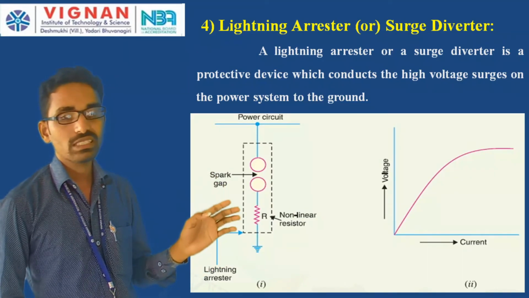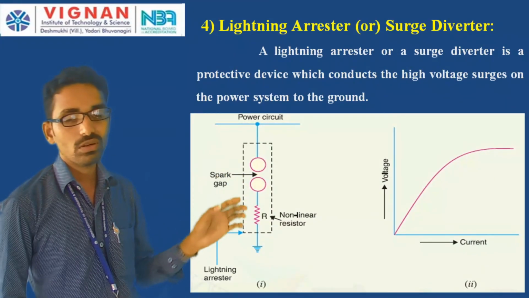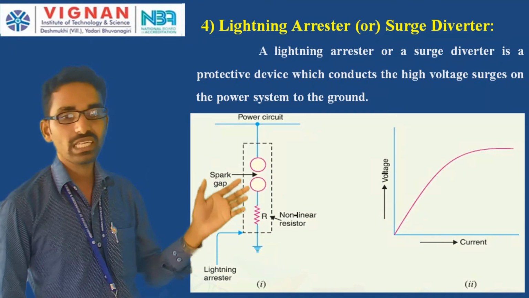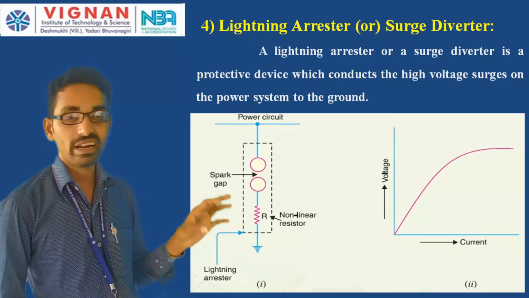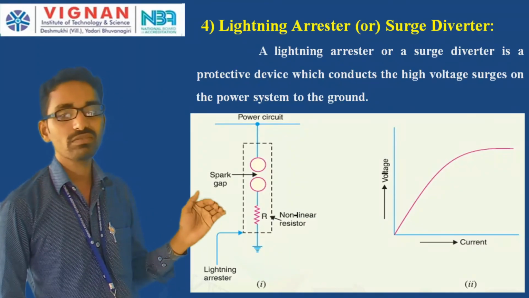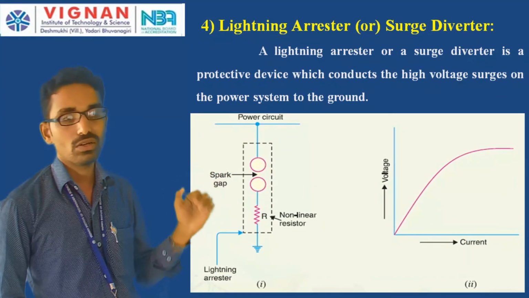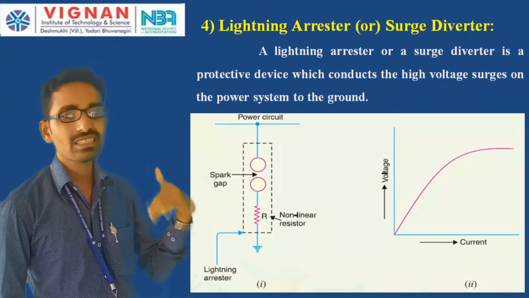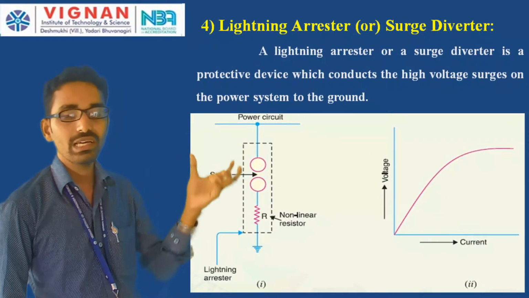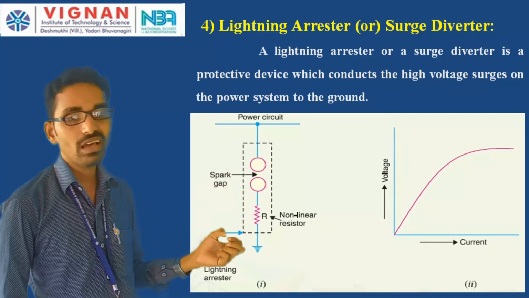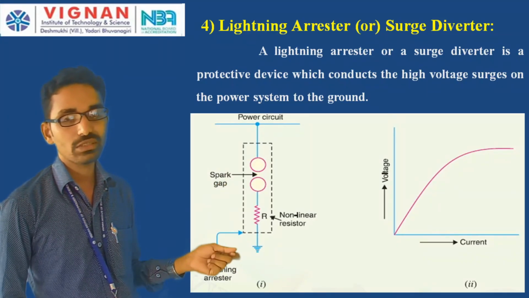So if you consider an 11 kV line, the currents for that 11 kV line are not going to be sent to the ground, because the non-linear resistor provides a high resistance path for the normal power currents, that is 50 Hz currents. When you have surge voltages, you have a higher amount of frequency, so it provides a low resistance path, and the lightning currents are sent directly to the ground.